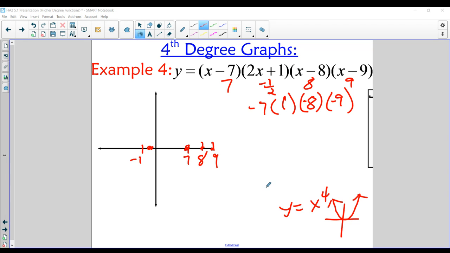So I'm pulling up the calculator. I forgot to multiply it together before. Bear with me for 1 second here. So it's 504. So -504.